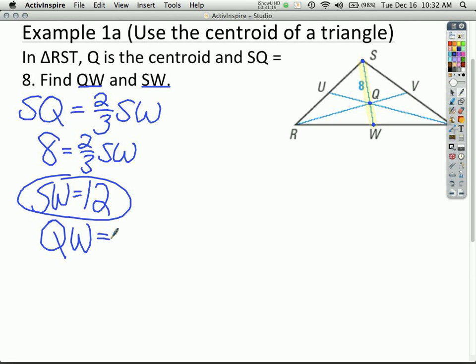QW can be deduced from the rest. What is QW going to be equal to? Sharif? 4. So QW is going to be 4 because it makes up the other piece of SW. So any questions on using the centroid and the centroid theorem to help you find a piece of information? Any questions, comments, concerns?